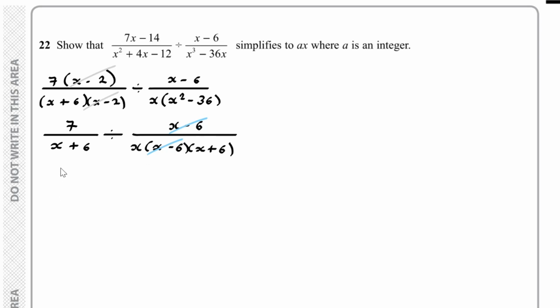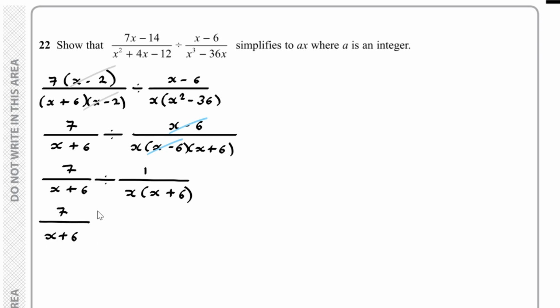So we are left with 7 over x plus 6 divided by 1 over x lots of x plus 6, and when we divide a fraction we change the divide to a times and then we flip the second fraction.